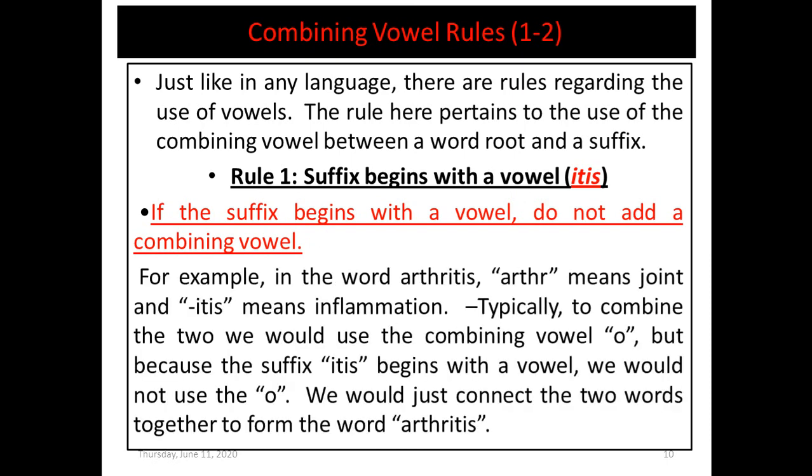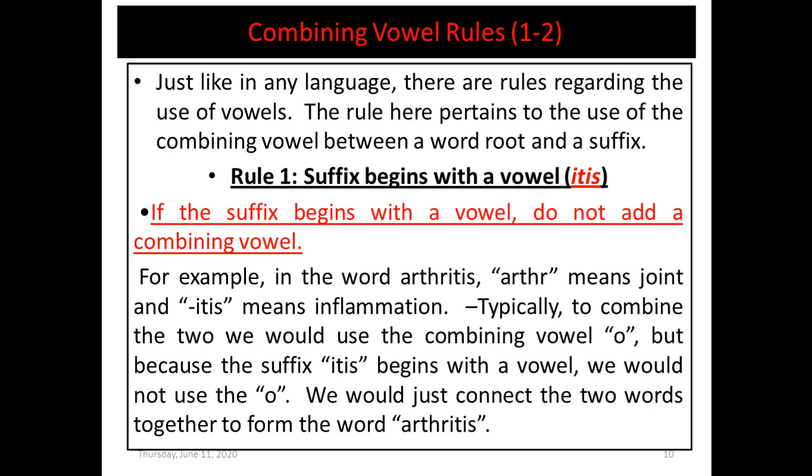Like here, for example, in the word arthritis, arth means joint and itis means inflammation. Typically, to combine the two, we would use the combining vowel o, but because the suffix itis begins with a vowel, which is i, we would not use the o.